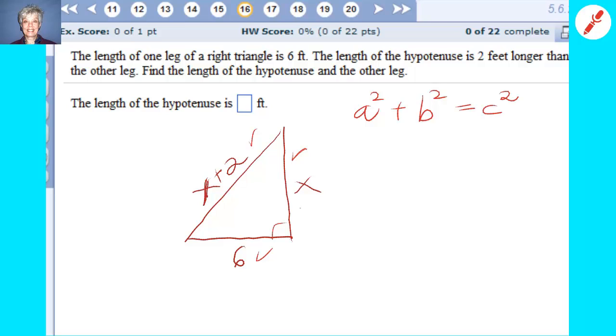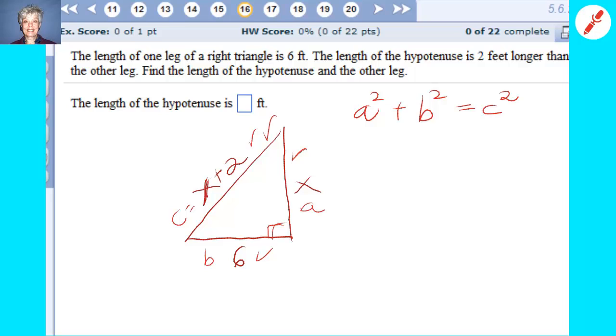Now usually the vertical side is called A, the horizontal side is called B, but always, always, always the longest side, across from the right angle, is called the hypotenuse, and it is C every single time.